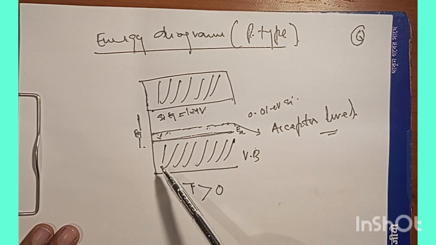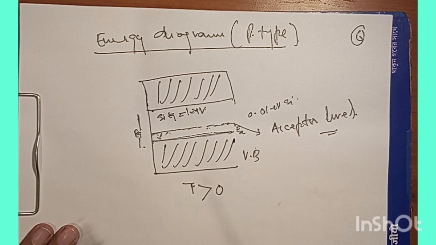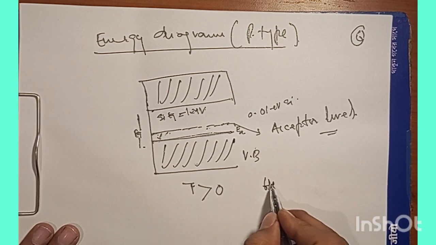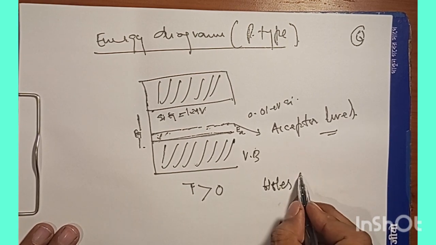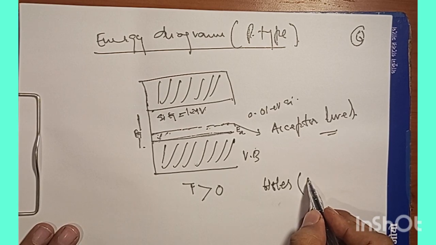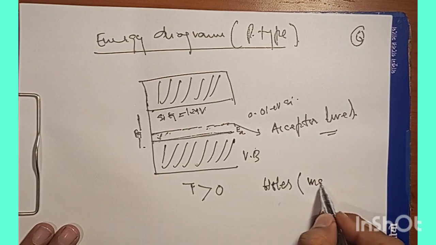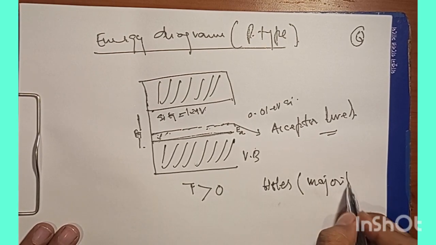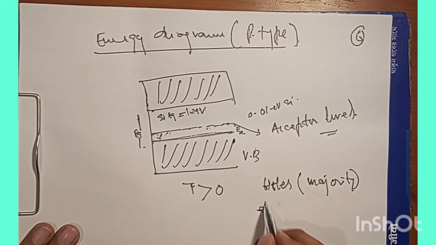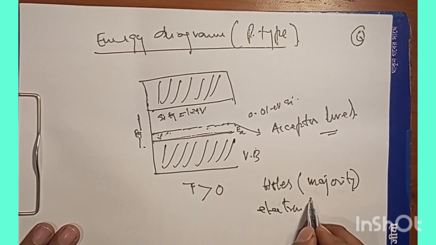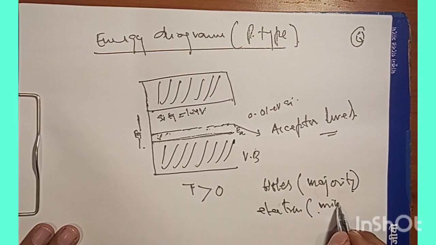So in the case of p-type semiconductors, the conduction is primarily because of holes. The majority current is due to the holes, and the minority current is due to the electrons.